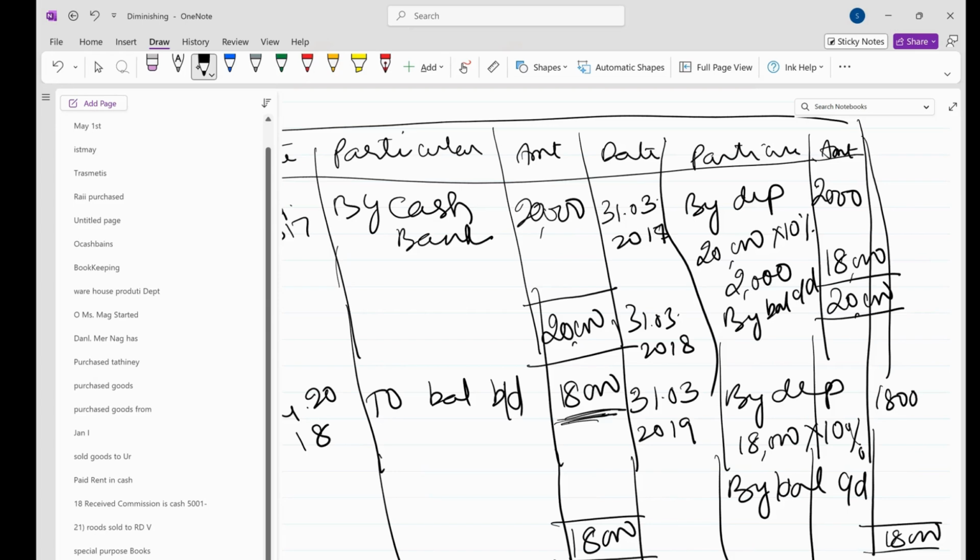Ma'am, after 10, what is that, ma'am? 10%. On 18,000, 10% is 1,800. From 18,000, if you deduct 1,800, how much will you get? 16,200 balance.